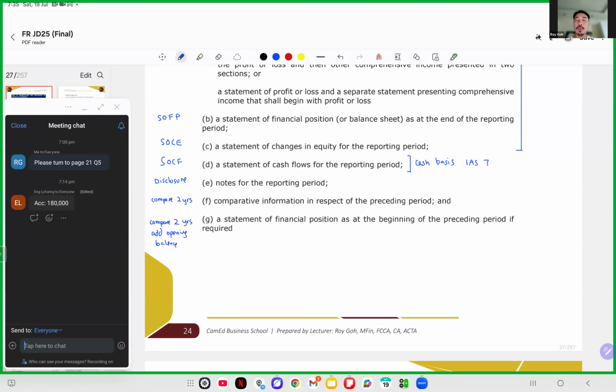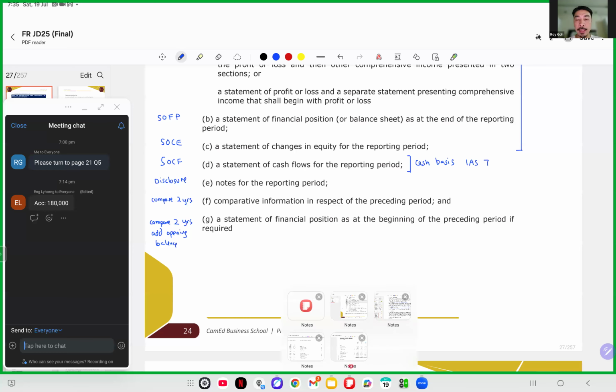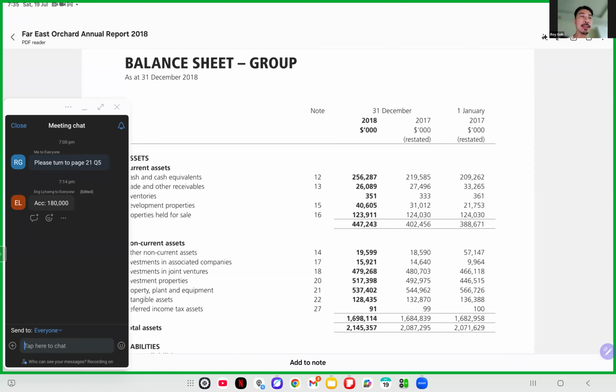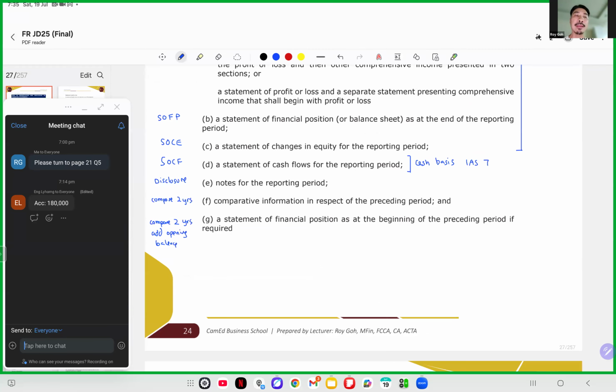All right. So what we have here is Far East Orchard for the year ended 2018. How many years of comparative? 2 years comparative, 1 year opening balances. Why? Because you have an accounting standard that requires you to show 3 years. I hope that this helps your understanding. All right? Not sure, you stop me.